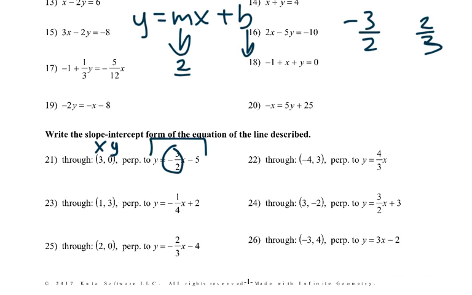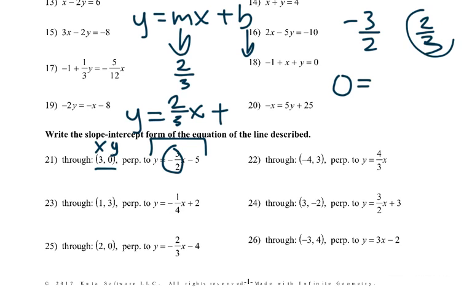So my slope is a positive 2/3. So it's going to be y equals 2/3 x plus something. Well, how do we find the b? To do that, we use this x and y, so y of 0. We use our perpendicular slope, 2/3, times our x value, 3, plus b, and then we can solve.